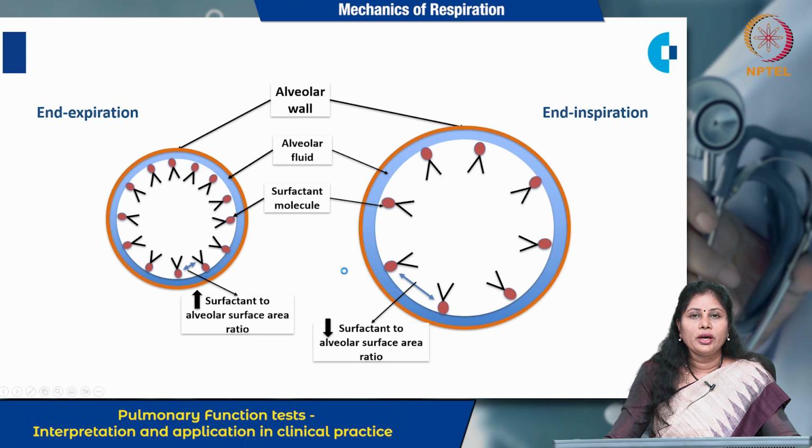We also saw the alveolar surface tension force, brought about by the fluid lining the inner wall of the alveoli, which makes the alveoli collapse, okay. And the role of surfactant in decreasing the surface tension, especially during expiration, when the surface tension is much reduced compared to inspiration.